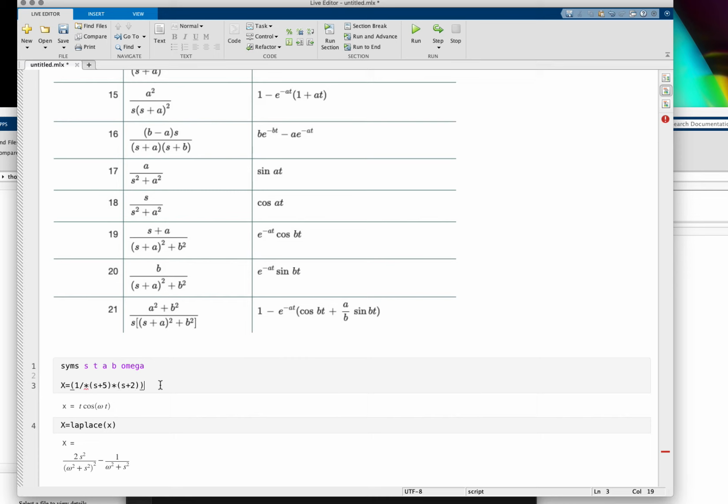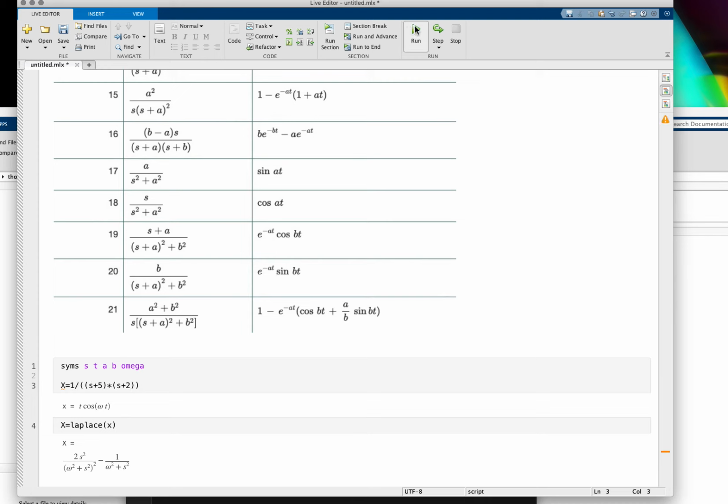We haven't talked about how to do this kind of inverse yet, but you may remember it from differential equations. Sorry, I hit the parentheses wrong. So 1 over the quantity (s plus 5)(s plus 2).